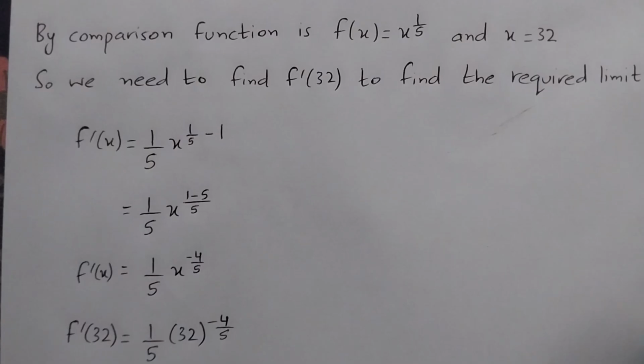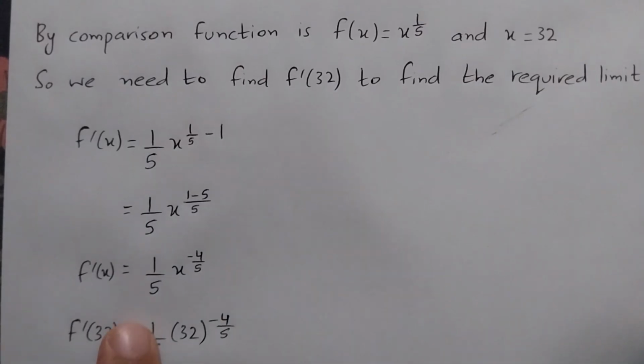In the power we can take the LCM: 1 by 5 minus 1 becomes 1 minus 5 over 5, and 1 minus 5 is simply minus 4. So we get minus 4 over 5 in the power.